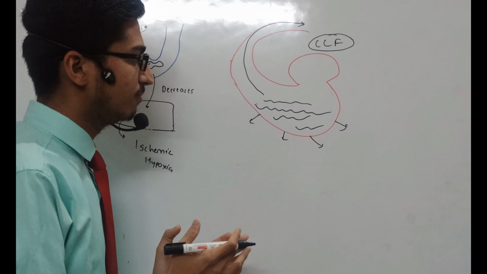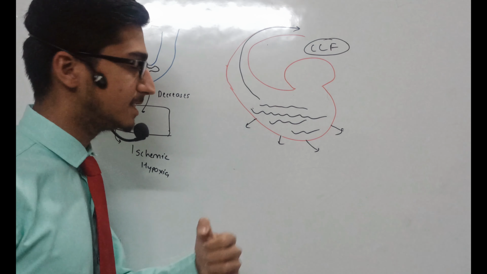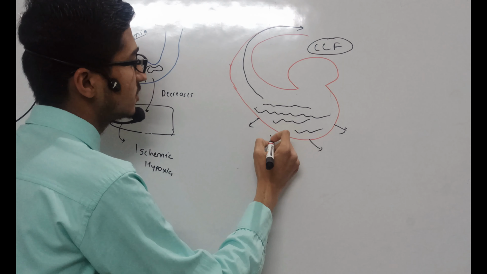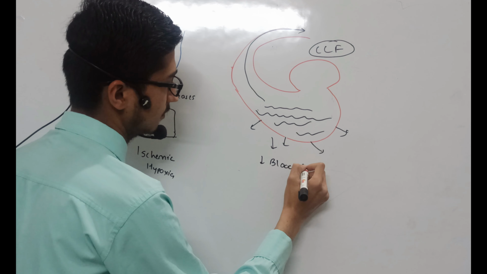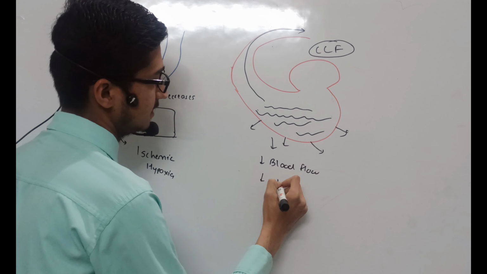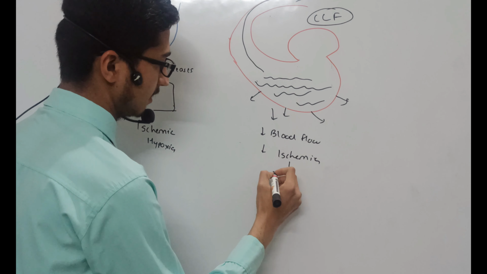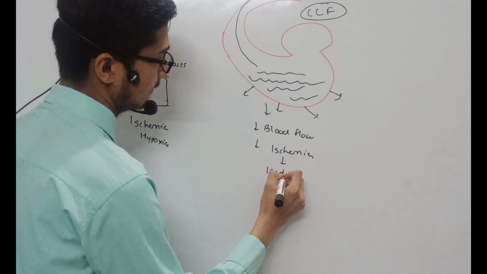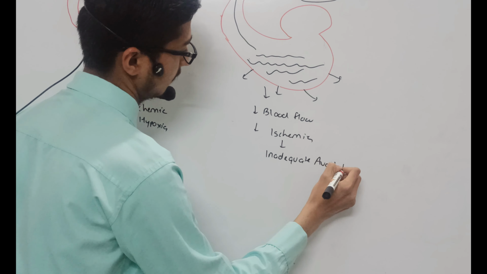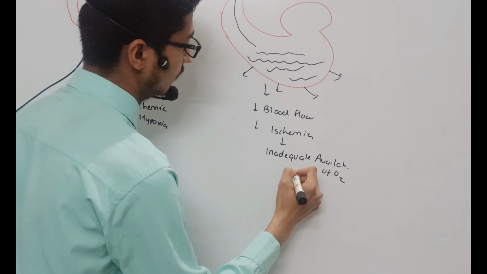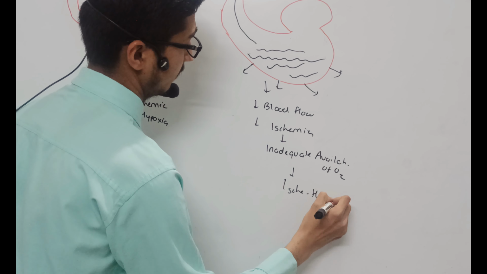So stagnation of blood will lead to decreased oxygen supply to the whole system, and which will lead to decreased blood flow, that is ischemia, and due to ischemia, inadequate availability of O2 leading to ischemic hypoxia.